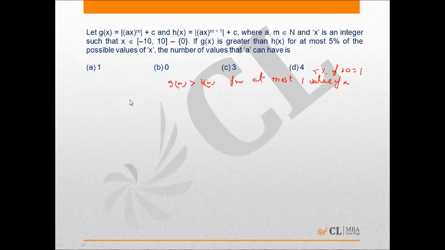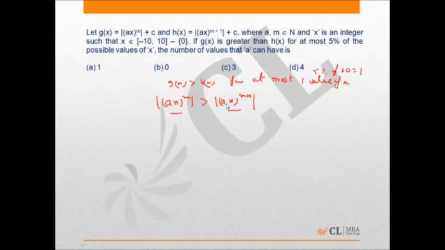Now g(x) is more than h(x) gives you |a x^m| is more than |a x^(m+1)|. So I have multiplied the first part with ax to get this, and still I am getting a lesser value, right?